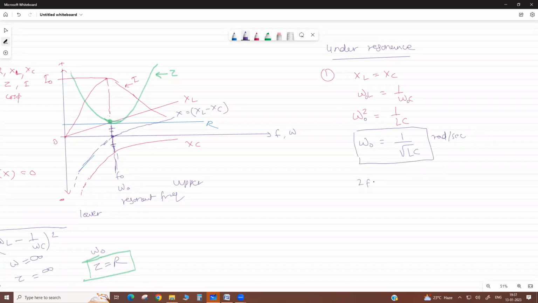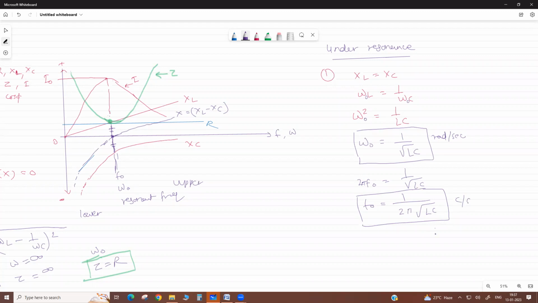Or if omega equals 2 pi f naught, you can write f naught equals 1 by 2 pi under root LC. This is in hertz, the resonant frequency in cycles per second.